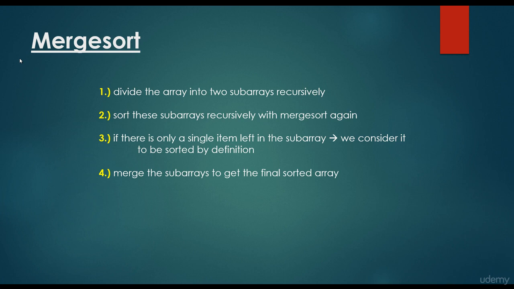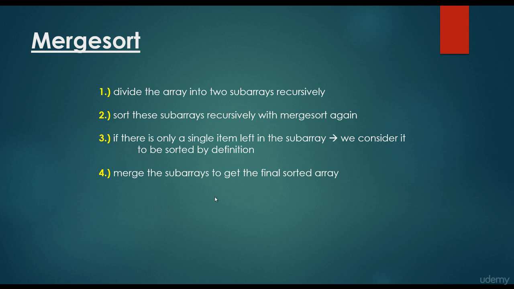Okay. So what is the merge sort algorithm? We have to divide the array into two subarrays recursively, and we have to sort these subarrays recursively with merge sort again. If there is only a single item left in the subarray, we consider it to be sorted by definition, and we have to merge the subarrays to get the final sorted array. This is why it is a typical divide and conquer algorithm.